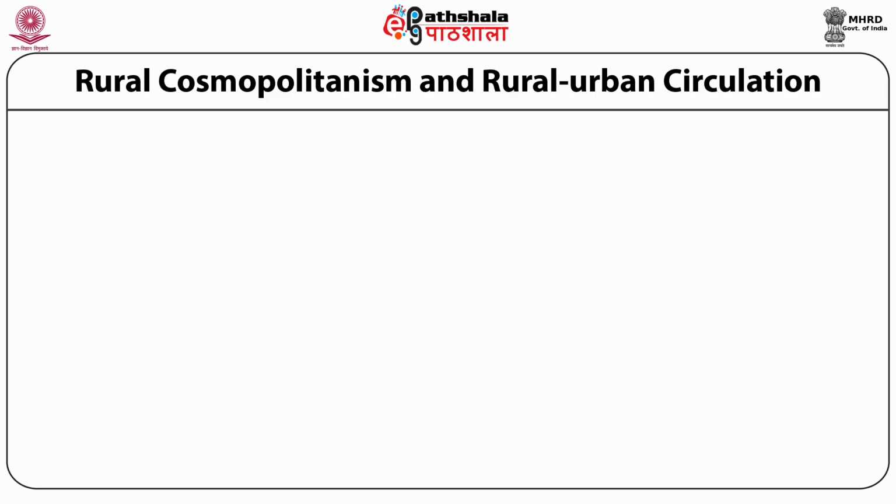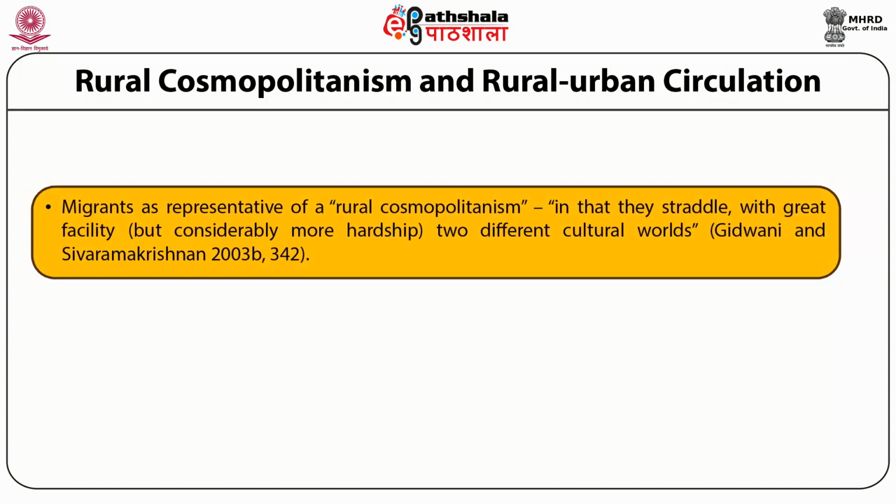These authors view such migrants as representatives of a rural cosmopolitanism. The migrants straddle two different cultural worlds with great facility, but with much hardship.